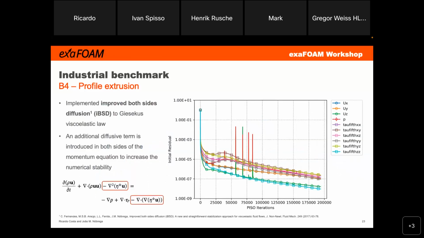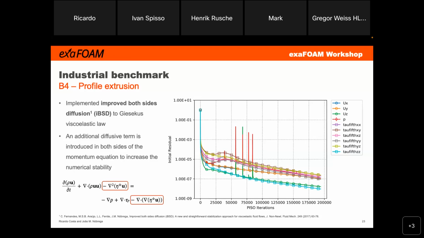But if we implement this improved both sides diffusion, now everything runs smoothly apart from some spikes that we can observe. To be honest, we still don't know the reason for these spikes, but they seem to be very short in time. It happens and very quickly everything goes back to normal.